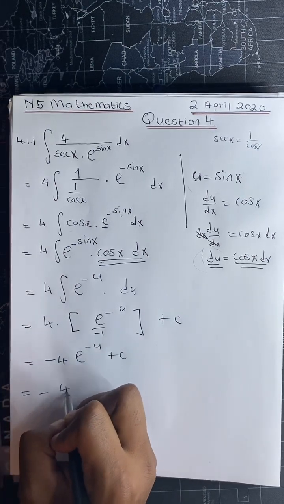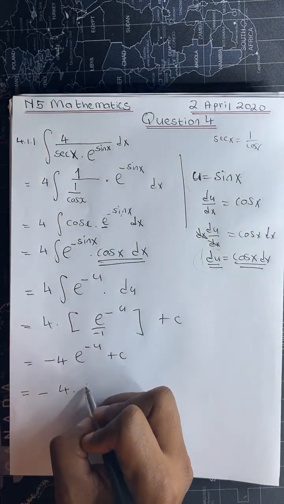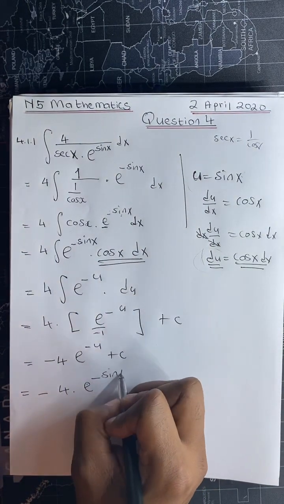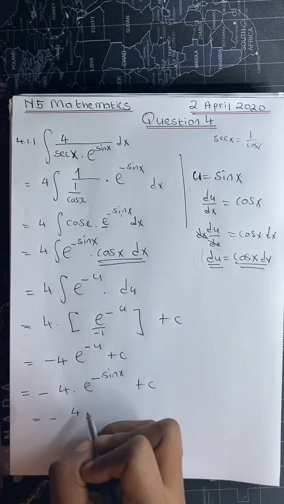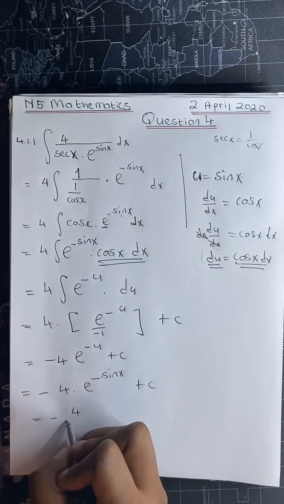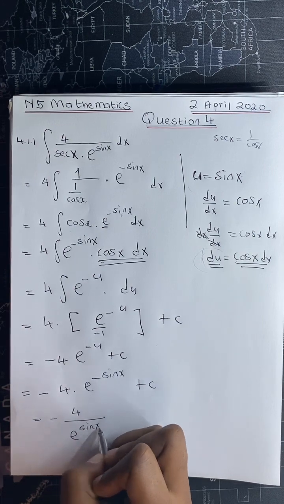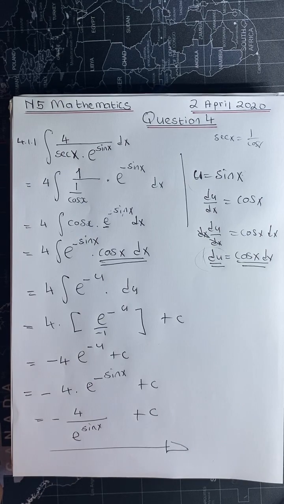Let's substitute back sine x in the place of u. So we can write e to the power negative sine x as 1 over e to the power sine x plus c, and this will be our answer for question 4.1.1.